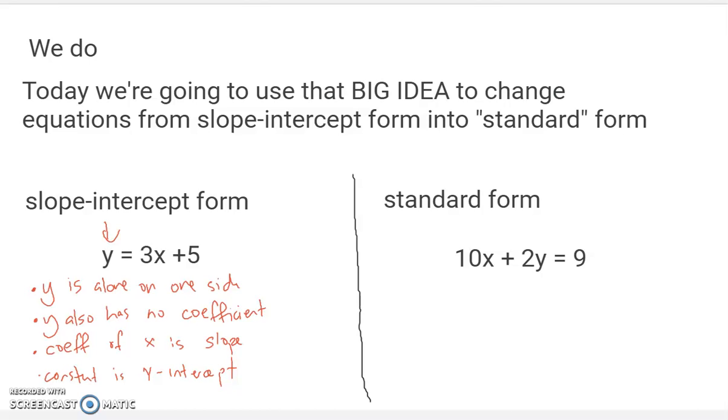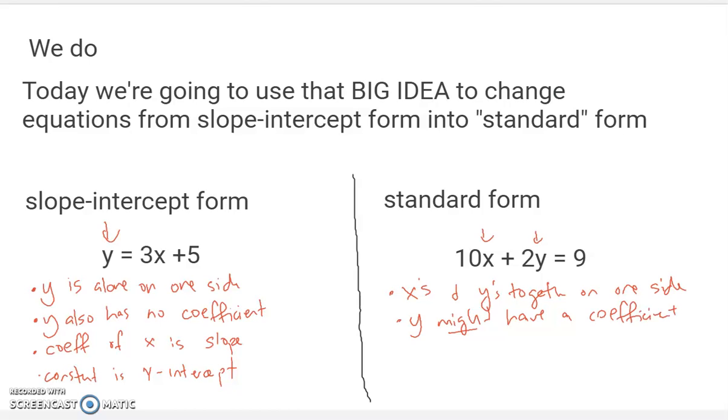Standard form, there's less to know. The main thing is you'll notice the x and the y's are together on one side. And different from before, y might, I'm going to say might, have a coefficient. We're not used to seeing that in slope-intercept form, but in standard form it might.